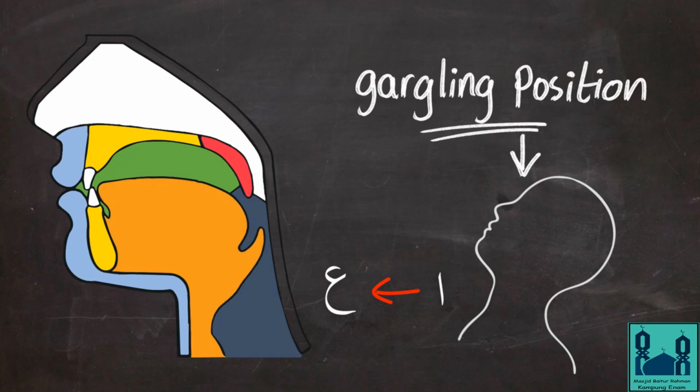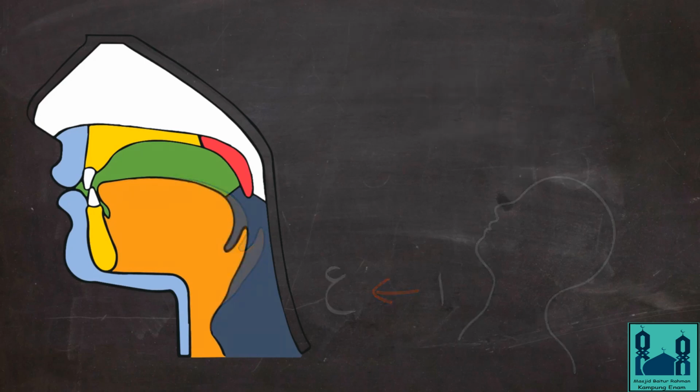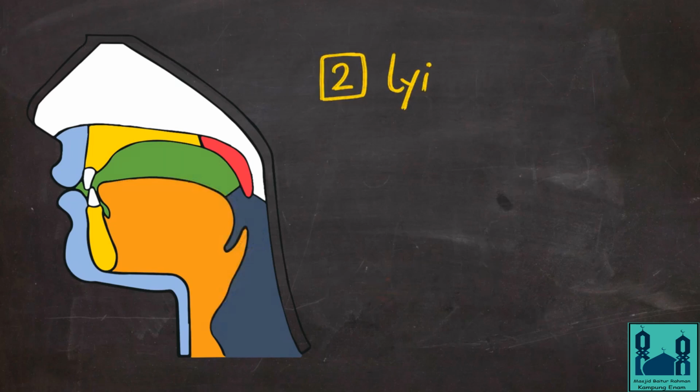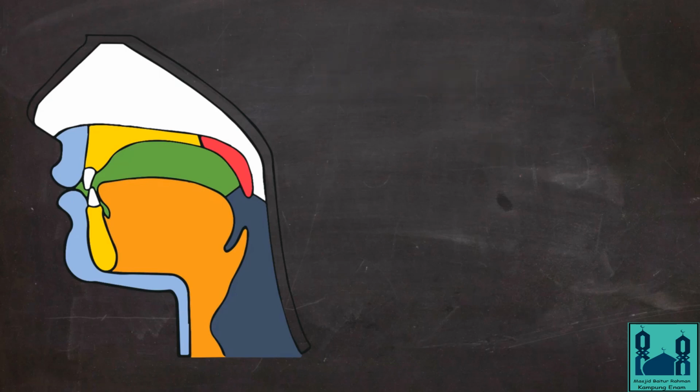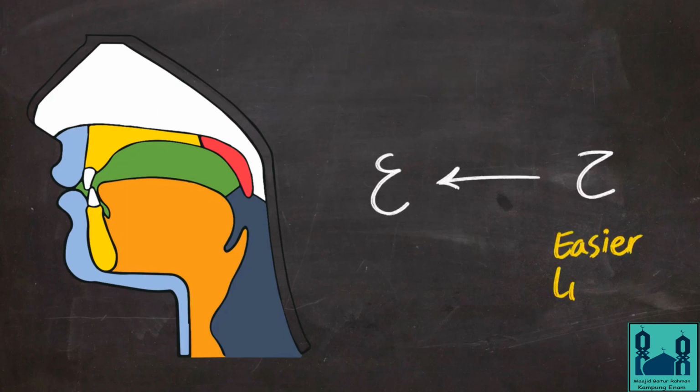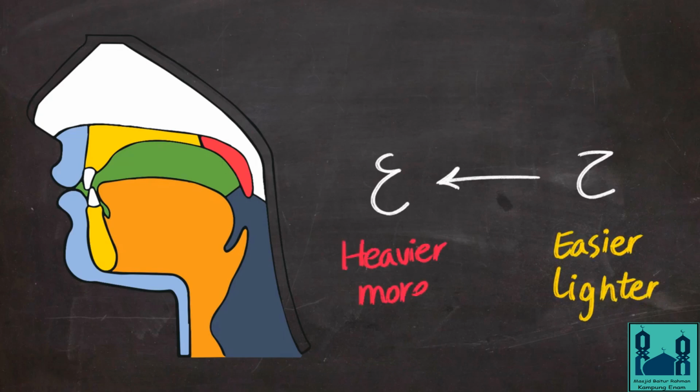The other trick to try to practice both ayn and ha is by lying on your back and practicing both of these sounds. This position helps a lot with controlling your epiglottis more easily when you're standing upright. And as a rule of thumb, if you don't know either of these 2 sounds, it is usually easier to start at the ha and then push back to achieve the ayn sound, because the ha for most people is easier as a starting point, since it is lighter to pronounce than ayn.